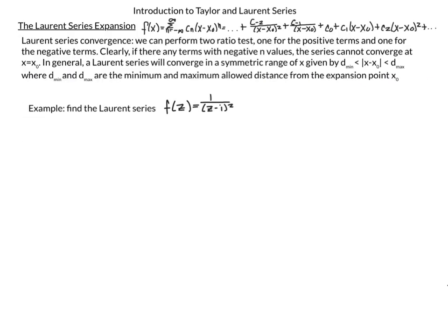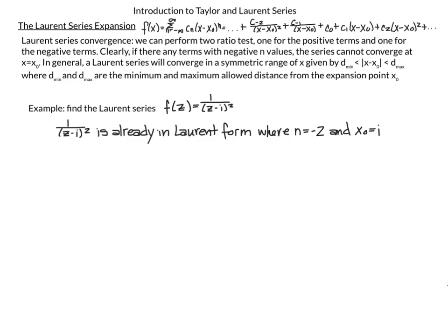That said, I do have this one example for you, and it's kind of a trick question, but it was in one of my books, so I pulled it out for you here. Find the Laurent series expansion of f of z equals 1 over (z minus i) squared. And the trick is this function here is already in Laurent form, right? Because this z minus i to the negative 2 power is exactly this term.